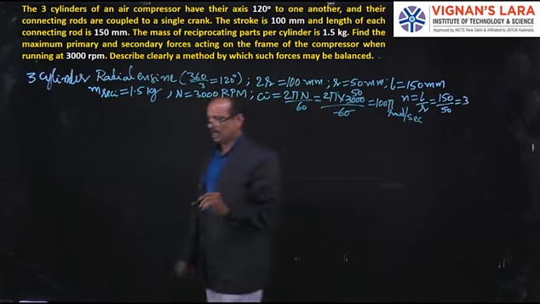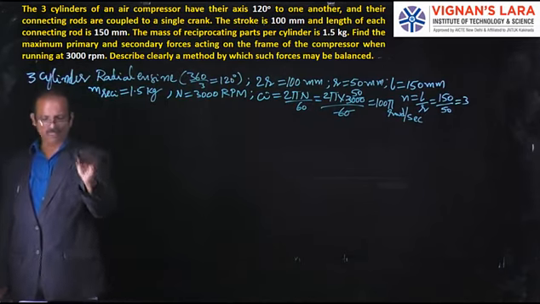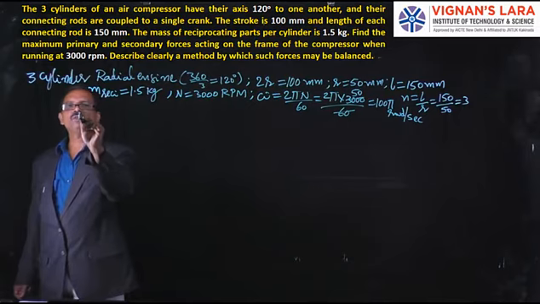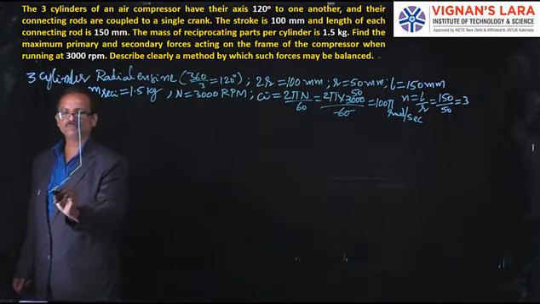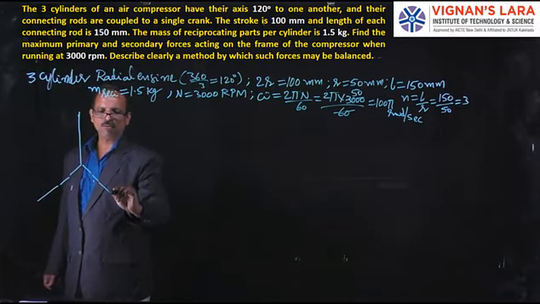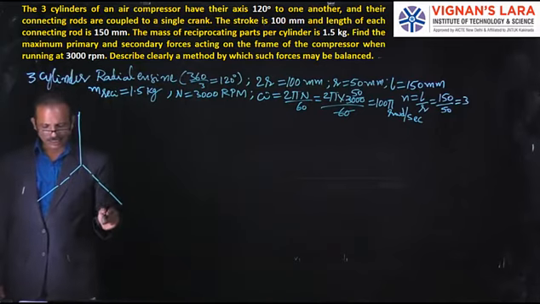Okay, first draw the given data in the diagram. There are 3 lines of stroke, each one 120 degrees apart, and there is a single crank which is connecting all of them.